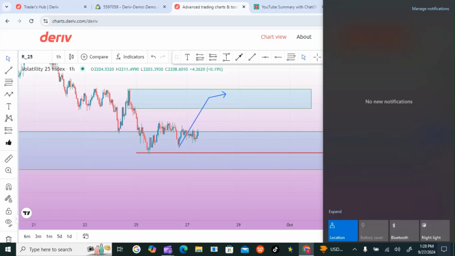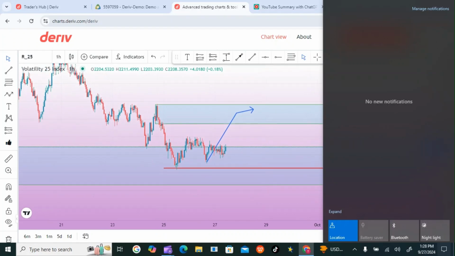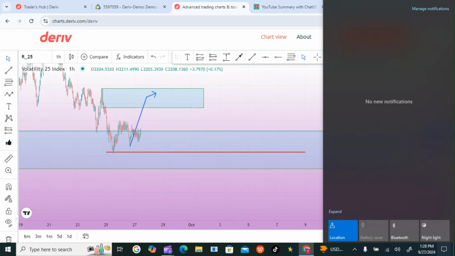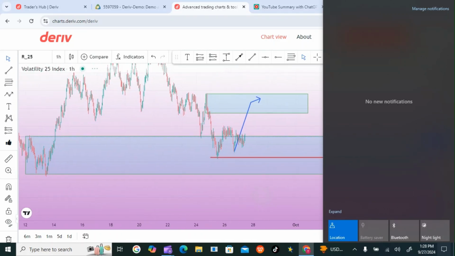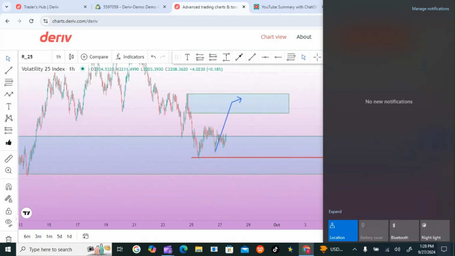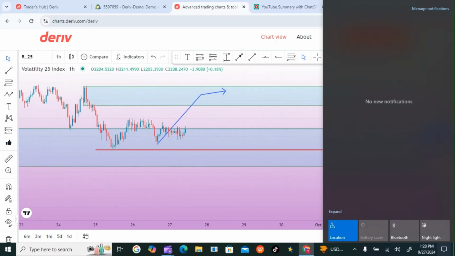We have moved up, created a higher high, and this is a consolidation area, which is why we did that order block. So we have moved down again, and it's as if we want to make another consolidation here. Let me see from behind whether there is a consolidation. No. So we have reached that zone, so we potentially have an uptrend.